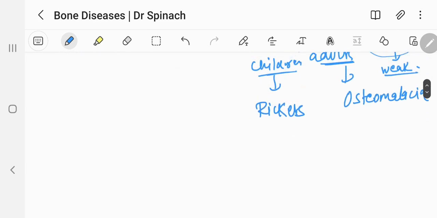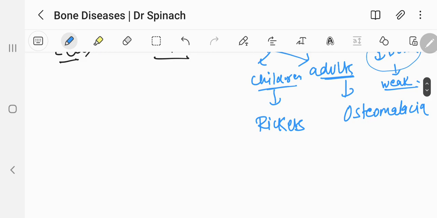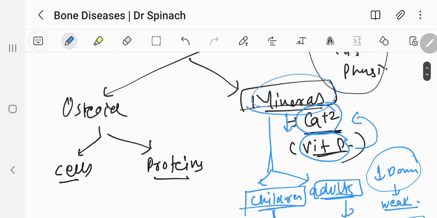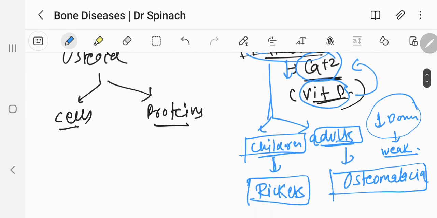So when this type of pattern is seen in children, we call this disease rickets, and when this is seen in adults, we call it osteomalacia. Now we are going to discuss these diseases together in the other video. So this is about the problems with mineralization, right?